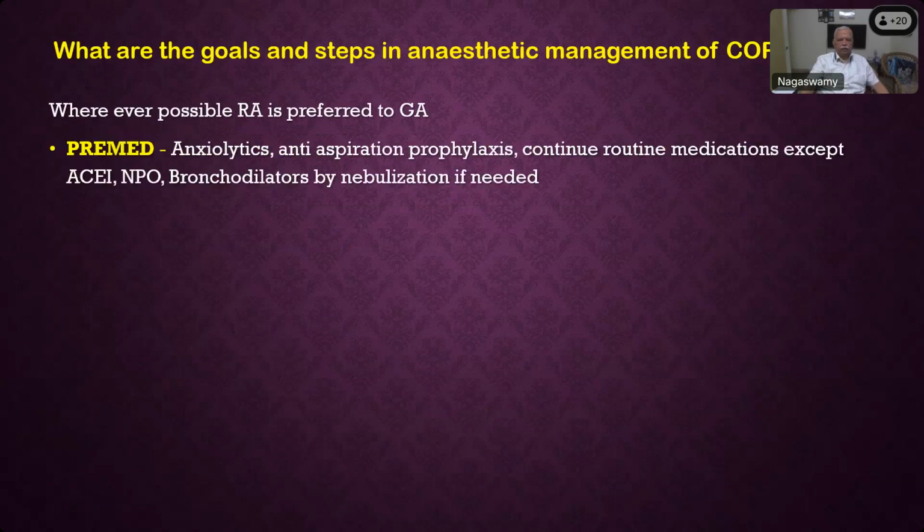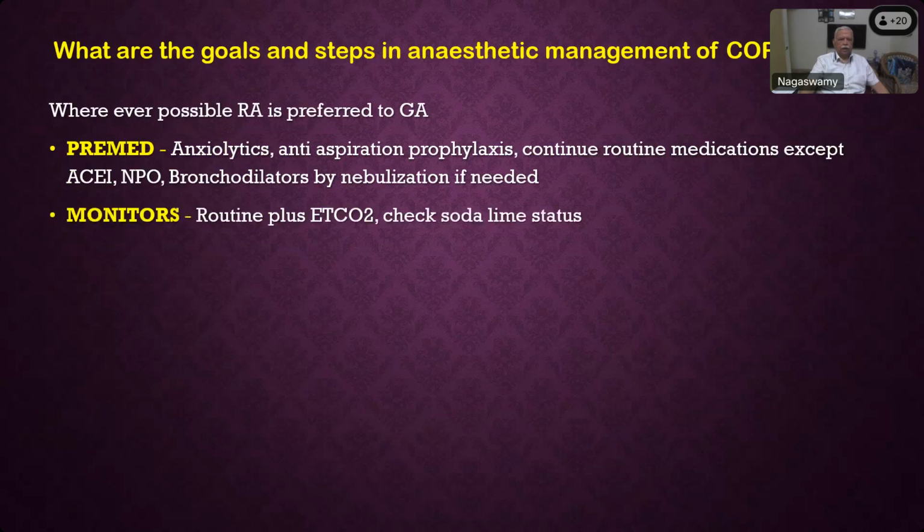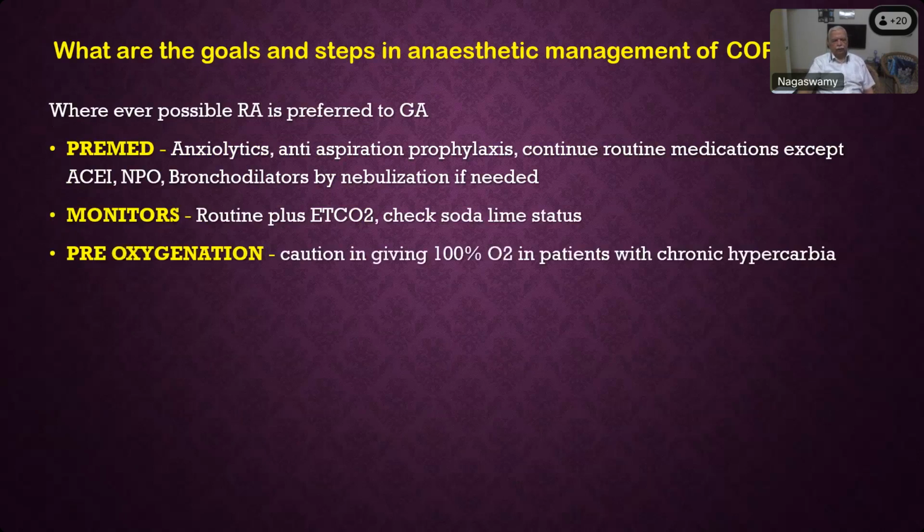Pre-med, anxiolytics, anti-aspiration prophylaxis, continue routine medications except ACE inhibitors, NPO according to the duration, whether elective or emergency, bronchodilators by nebulization if needed. Monitors, routine plus ETCO2. Check the status of soda lime. Don't start a COPD case with an exhausted soda lime, which will add on to the problem of CO2 accumulation.